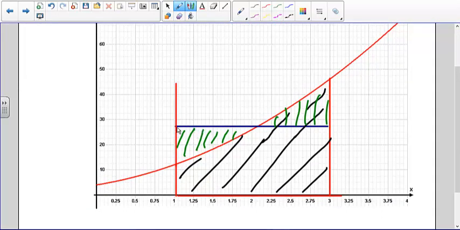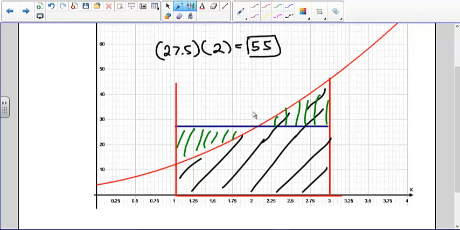And if I go over here, I'll see the answer is 20. Here's 20, and we've got increments of 1, 2, 3, 4. So 2.5. So that would be 27.5. So the height of that rectangle is 27.5, and the width of the rectangle is 2. And I multiply those together, and I'll get 55.